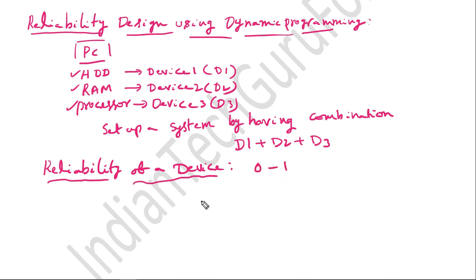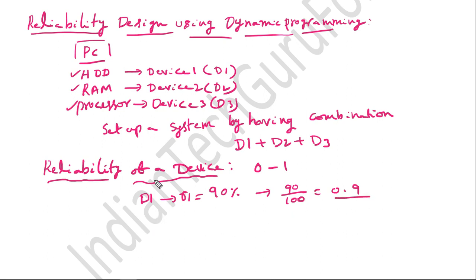Generally we say a particular device has a reliability of 90%. What does it mean? 90 by 100, that is 0.9. For example, the hard disk drive may have a reliability of 90%. Then D1's reliability, represented as R1, is equal to 0.9.